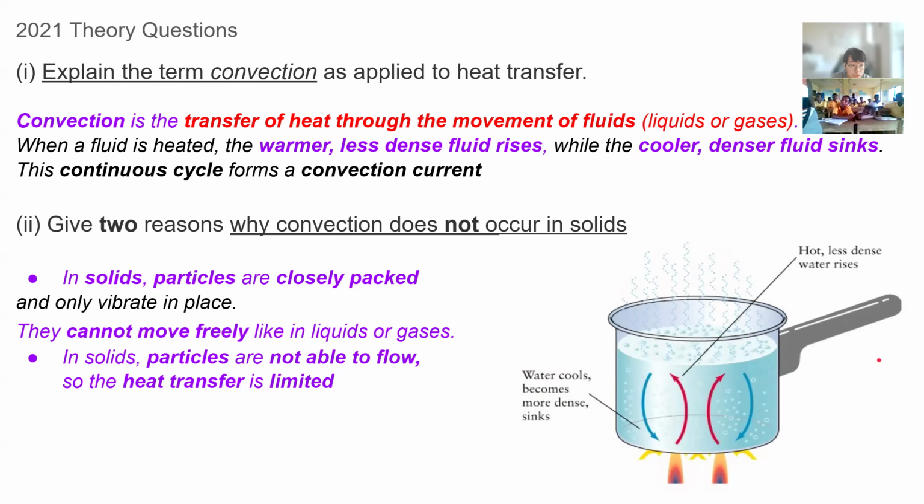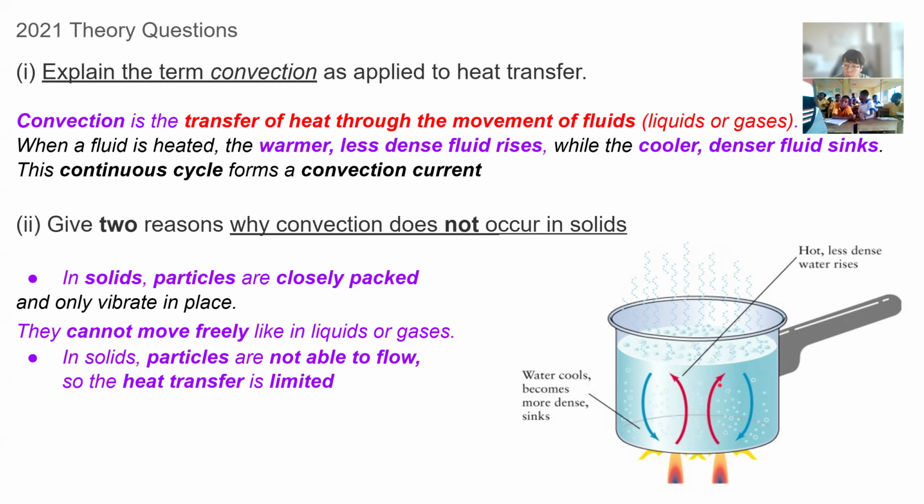So this theory question asks us to explain the term convection as applied to heat transfer. Convection is the transfer of heat through the movement of fluids, liquids, or gases. When a fluid is heated, the warmer, less dense part rises.